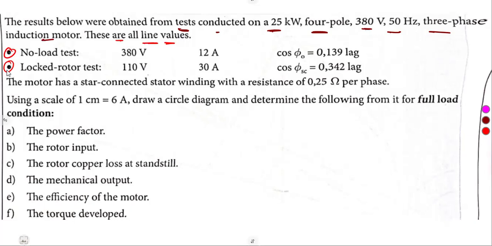Here there is an advantage because of what we are given in terms of the power factors for the no load and also for the short circuit. So it is going to be easier for us to determine their corresponding angles. Remember, that is arc cos of this part that you're given.